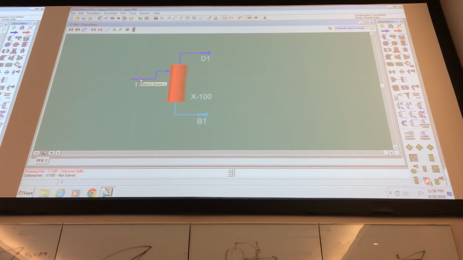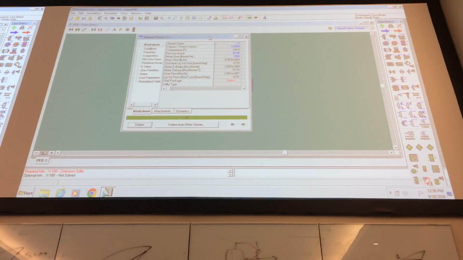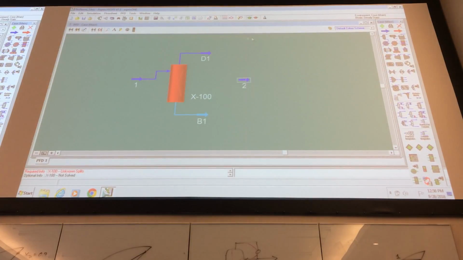Right, so let's go ahead and get this into a shortcut column. One thing that I would highly recommend is not copy and pasting. And if you do copy and paste these things, change the string name after you paste it. Okay? So now let's go to a shortcut distillation column.